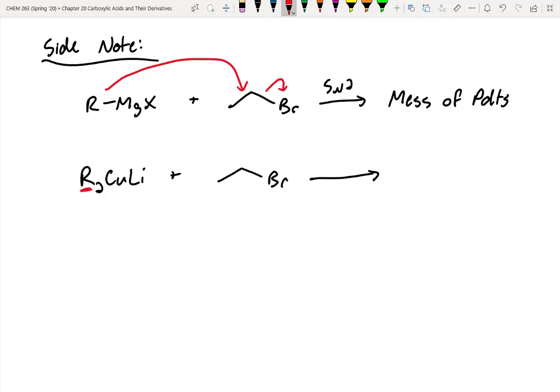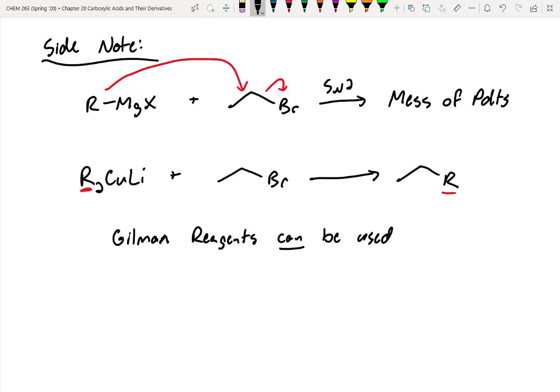So one of these R groups over here will swap off, and you can actually do an SN2 reaction and alkylate. So Gilman reagents can be used for SN2 style alkylation.